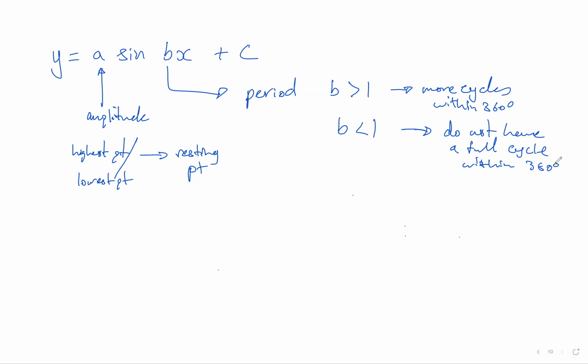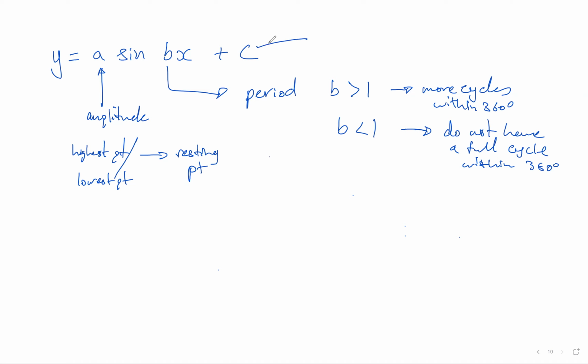So you can think of it like compression and expansion, or being stretched. So b less than 1 is being stretched, whereas b greater than 1 will be compressed, so you get more cycles within the same 360.